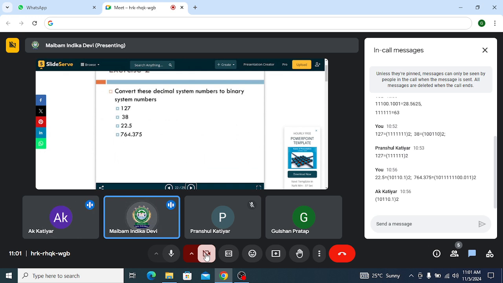We have done conversion both ways, right? But we have not done conversion from octal to hexadecimal, or hexadecimal to octal, or binary to octal, or binary to hexadecimal, and so on. Right?